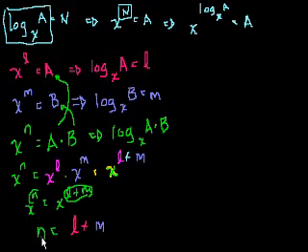Well, what's another way of writing n? So we said x to the n is equal to a times b. Oh, I actually skipped a step here. Going back here, x to the n is equal to a times b. That means that log base x of a times b is equal to n. You knew that. I just forgot to write this down when I first did it. But anyway, what's another way of writing n?